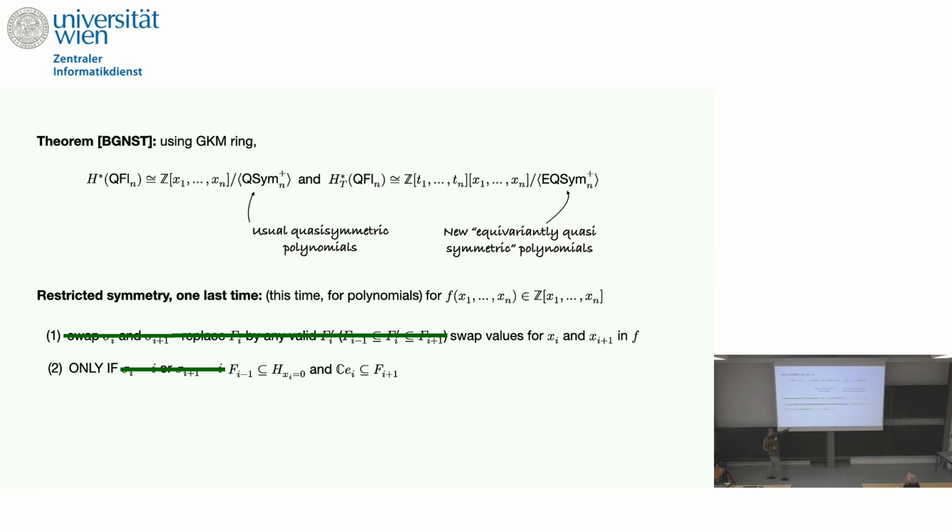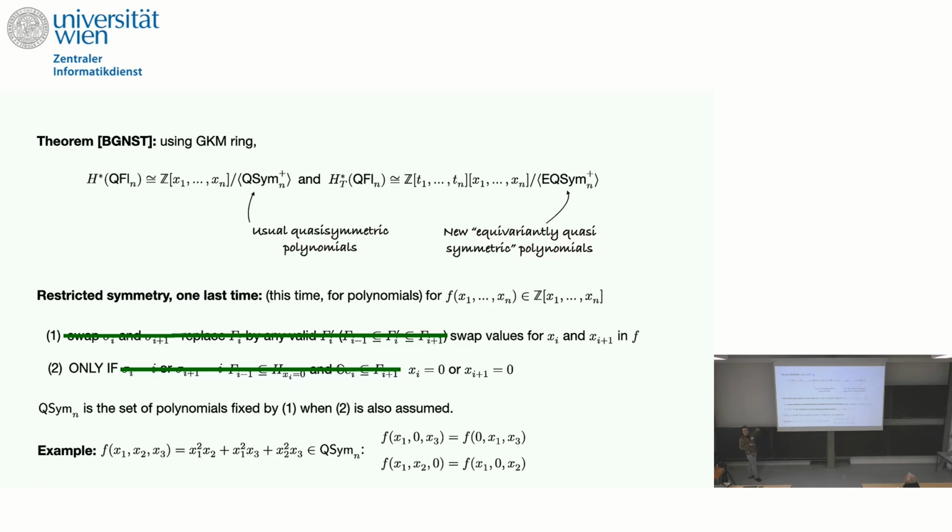If I were to insist that a polynomial is invariant under this operation with no restrictions, I would get symmetric polynomials. Now I'm going to add a restriction that either x_i or x_{i+1} should be equal to 0. So this is my restriction now. And it turns out that quasisymmetric polynomials are exactly the invariants under operation 1 subject to 2.